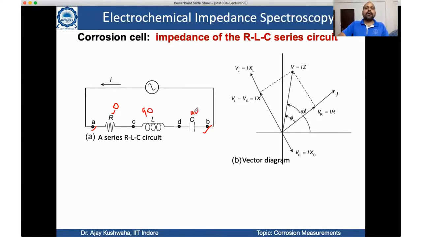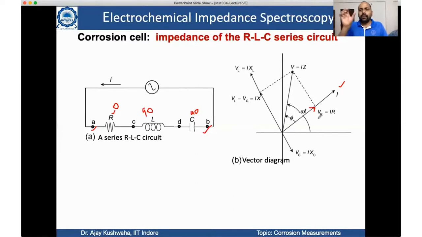If you club all these three together, because all of them are in the circuit, then how the vector diagram looks, you can see in figure B. So now I am assuming the current is in one direction because there is a change in the voltage. We are just applying a fixed current, there will be a change in the voltage, right? We are measuring the voltage. So if there is a resistance, the resistance will be in the same direction, right?